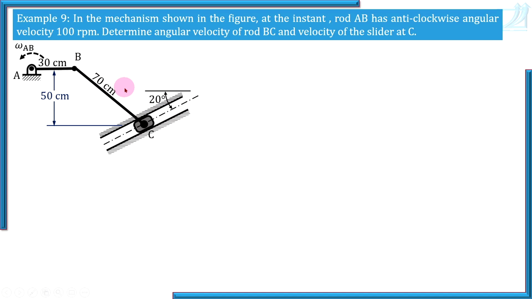Even if there are three bodies in motion, rod AB, rod BC and slider C, there is only one body which is in general plane motion, and that is rod BC. Rod BC has no fixed center of rotation. Rod AB has a fixed center of rotation. Watch here, this hinge support suggests that it is a fixed center of rotation, meaning rod AB is in pure rotation.